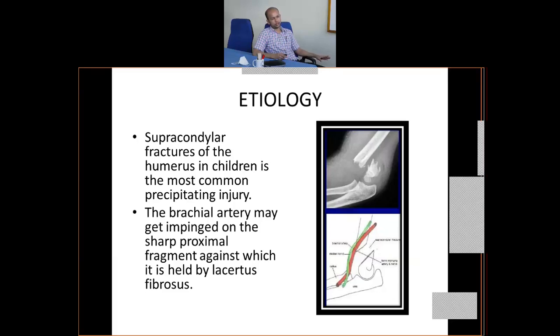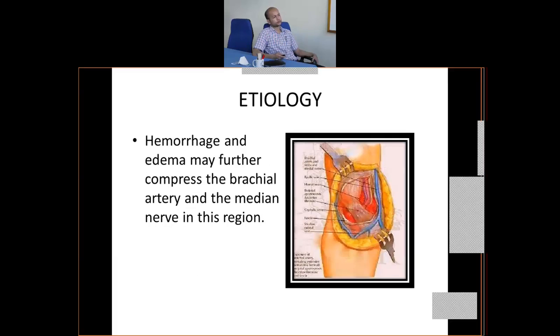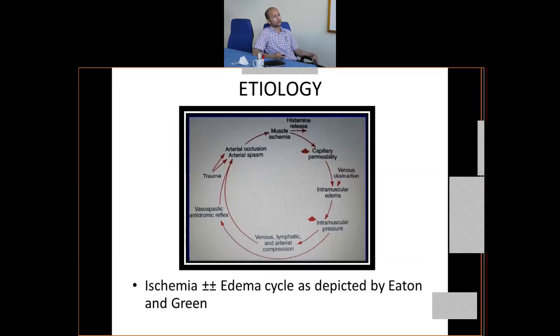And if it is left untreated, say for 24 hours, the ischemic changes will become prominent and ischemic necrosis will start, and later Volkmann's ischemic contracture. This is the etiology; it is compartment syndrome etiology only.